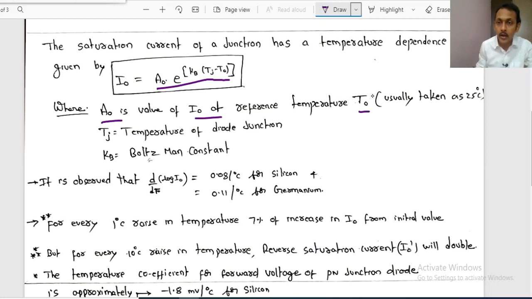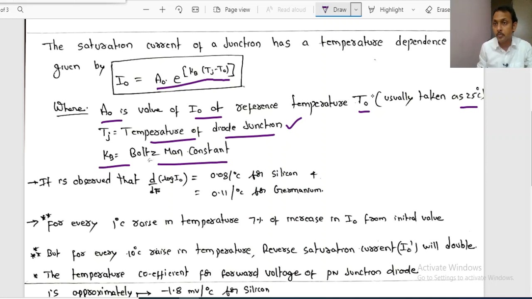So the value of I naught at the reference temperature T naught is denoted with the letter A naught, and the reference temperature is taken as 25 degrees centigrade. Now Tg indicates the temperature of the diode junction, and Kb indicates the Boltzmann constant.